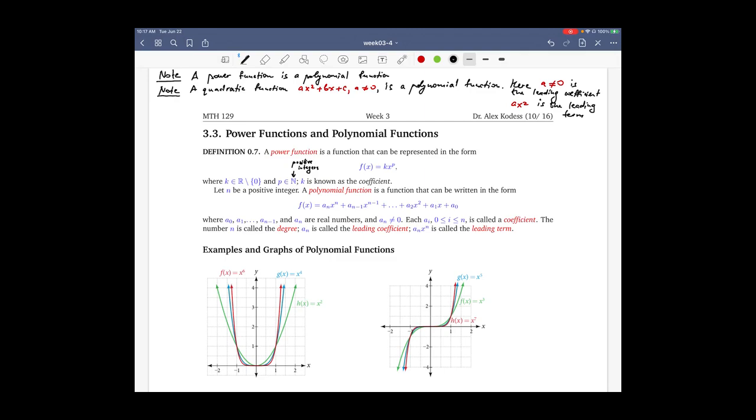In fact, even linear functions are also polynomials. A function of the form mx plus b, where m is not zero, is also a polynomial function.